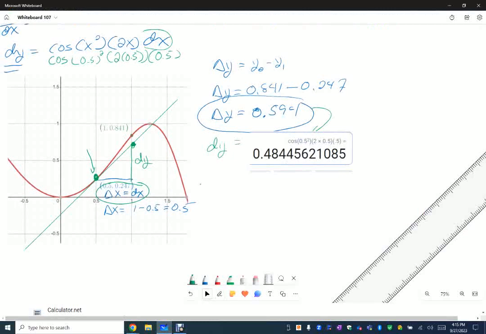So notice, as I'm moving along the function instantaneously at x equals 0.5, if x is going to increase from 0.5 to 1 and I was to remain basically on that tangent line, then my y value would increase by 0.8445 approximately, larger than it was to begin with. Hopefully that makes sense.